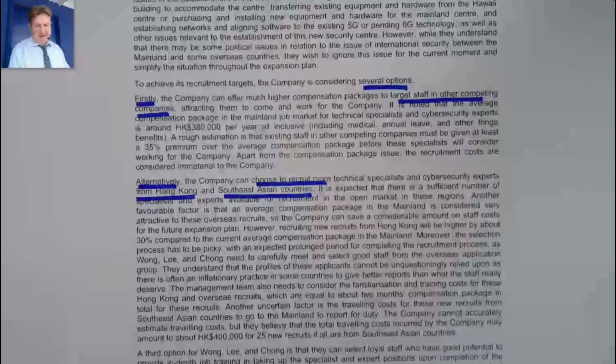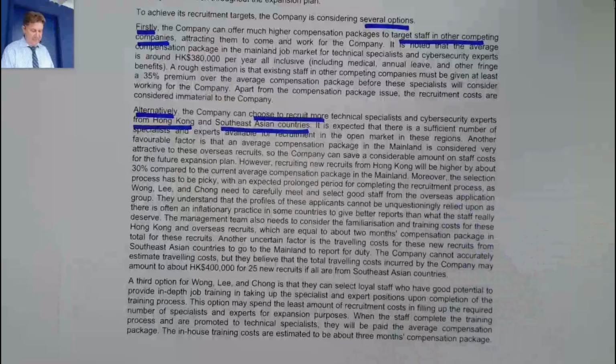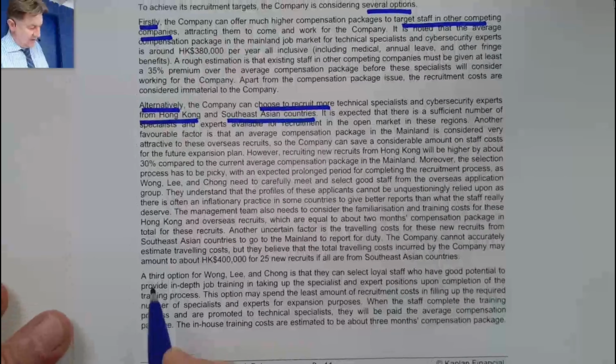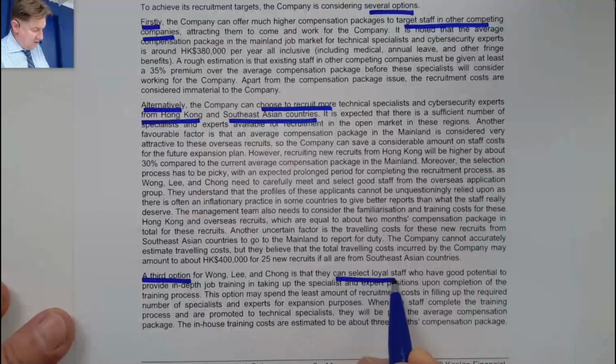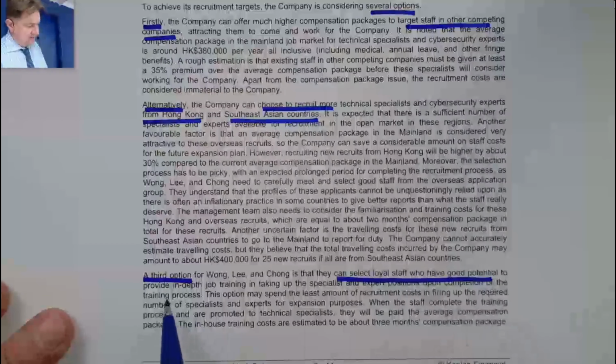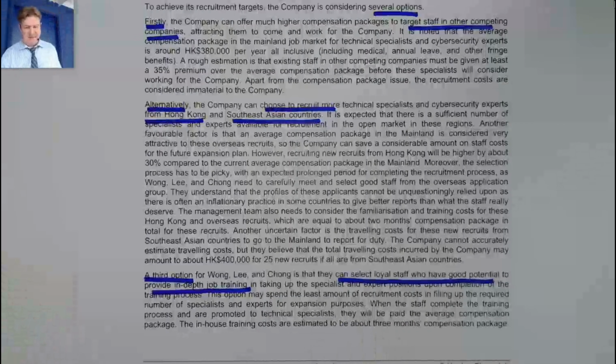And again, you can see they're giving us more cash flow information as we read through. And then the final third option is selecting loyal staff who have a good potential to provide in-depth job training in these positions. So we've got 3 choices, 3 options.